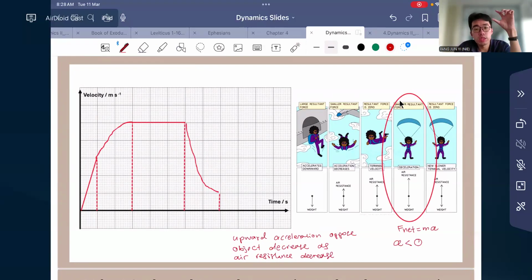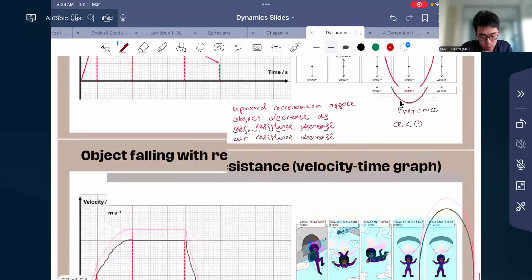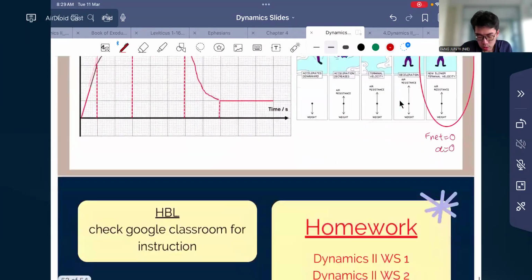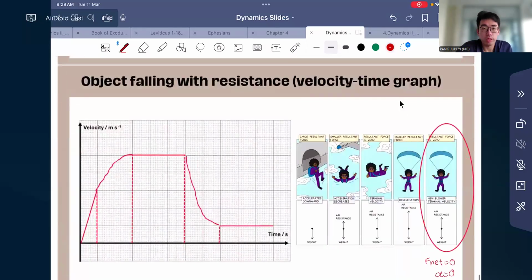So initially it started steep, as if someone pulled you back suddenly, and then after that it will slowly decrease. So this one will be a decreasing acceleration in the opposite direction, which means decreasing deceleration, downwards. So this will be all. I hope this is useful for you guys.